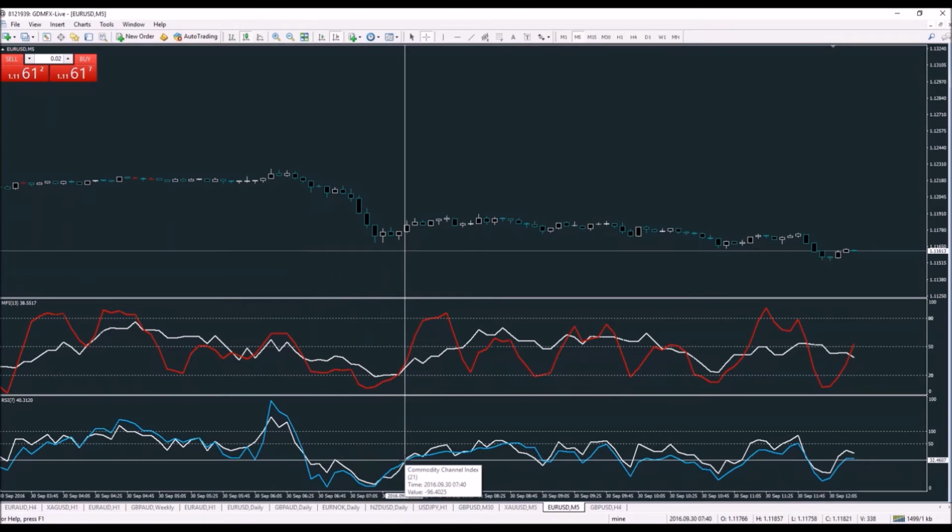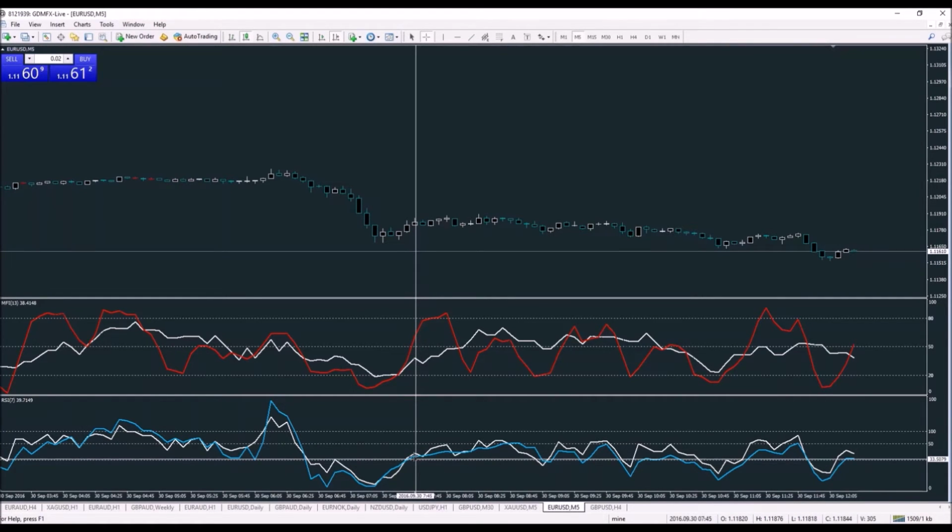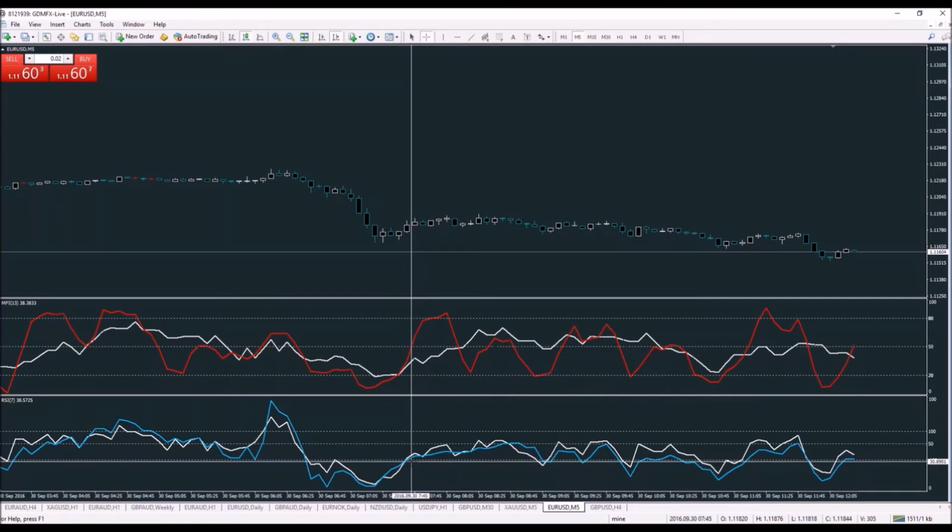And most of all, I would take my exit when they both cross that -100 level here. That is why we don't need any other levels of the relative strength index here, because they will just interfere with our main objective, and this is not what we need.